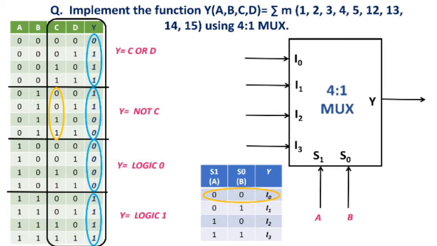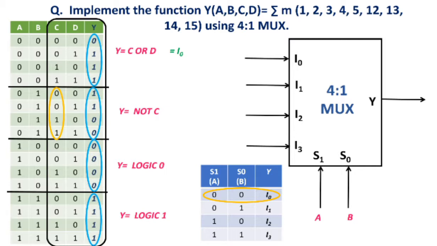So your Y becomes I0 when both A and B are 0, 0. So this can be seen in the first group, because in the first group we have A and B both equal to 0. So in that first group, Y is C ORing with D. So I can say that that is also equal to I0, right?